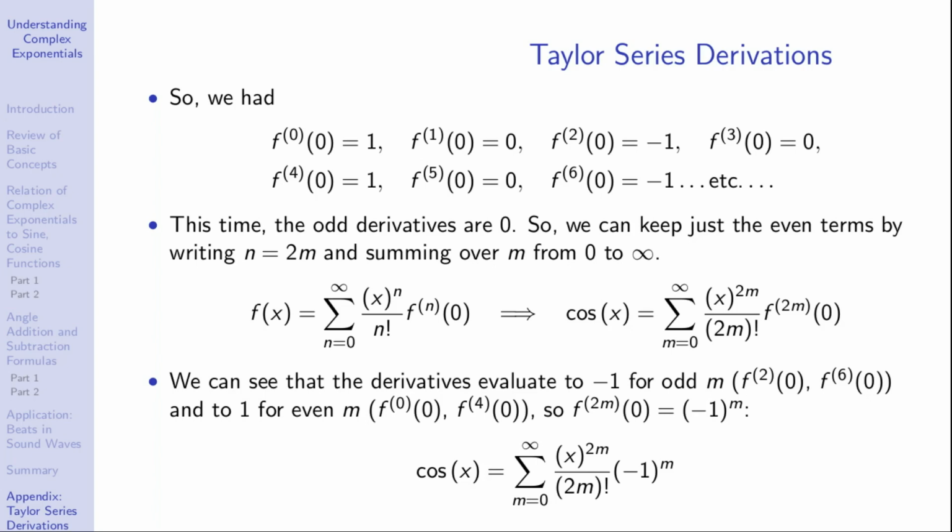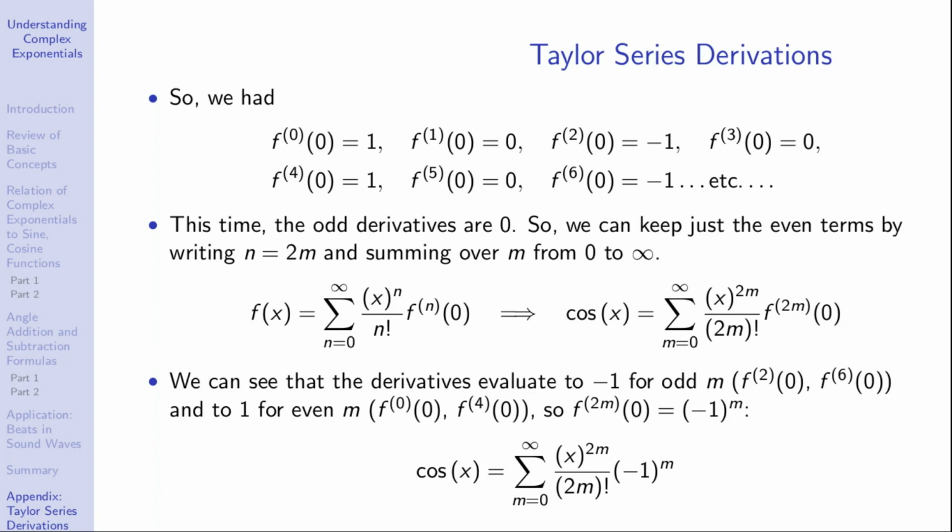So again, before we had f of x equal to the sum over n from 0 to infinity of x to the n over n factorial times the nth derivative of f evaluated at 0. For f of x equal to cosine of x, we get that cosine of x is equal to the sum over m from 0 to infinity of x to the power of 2m over (2m) factorial times the 2mth derivative of f evaluated at 0.